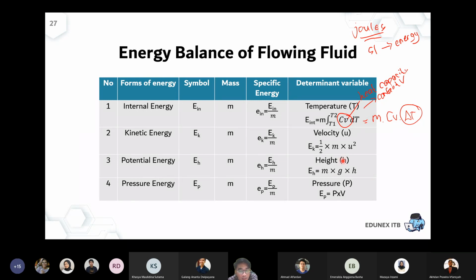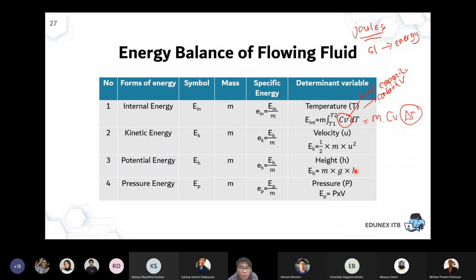So if the arrangement of the pipeline is just one straight horizontal pipeline, it means there is no change of height, so there is no change of potential energy. The potential energy is calculated with this one: mass times gravitation times the height.